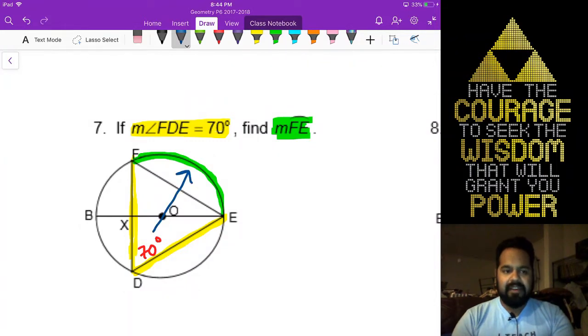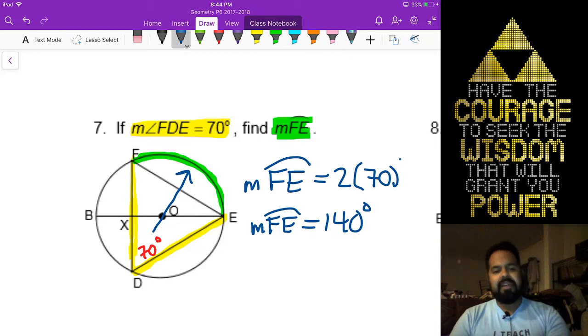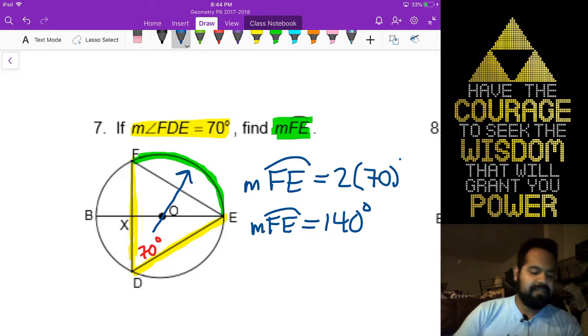I'm looking at the arc, so that means the measure of arc FE is going to be double the inscribed angle of 70 degrees. So therefore that arc's measure is 140 degrees.